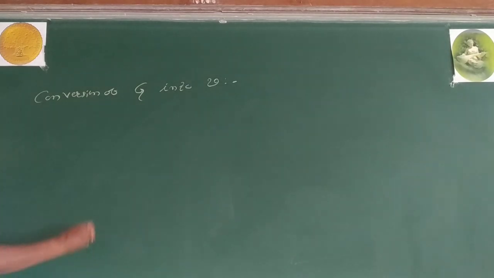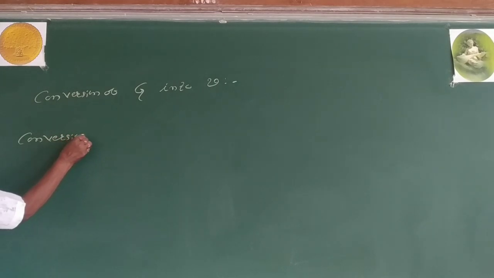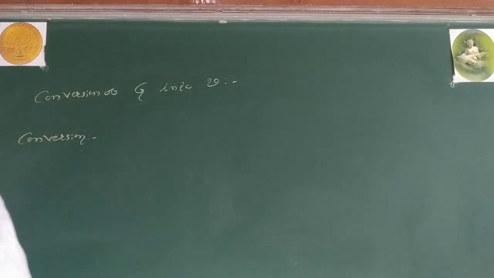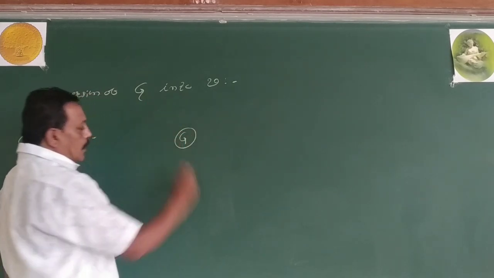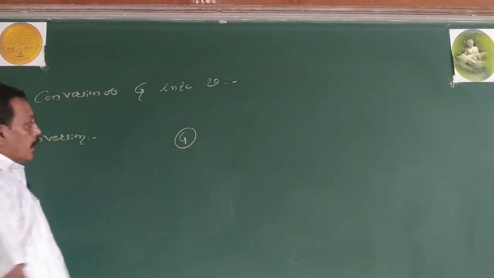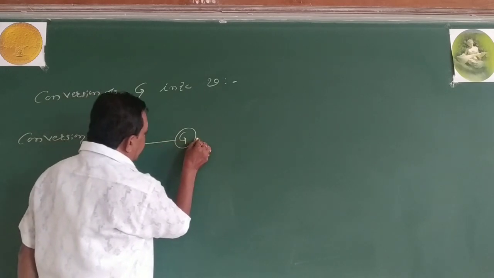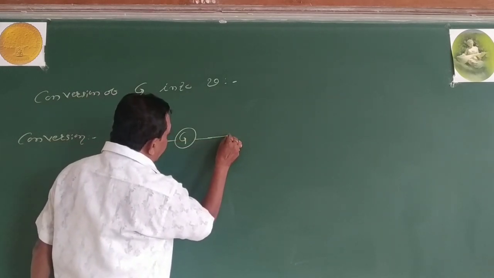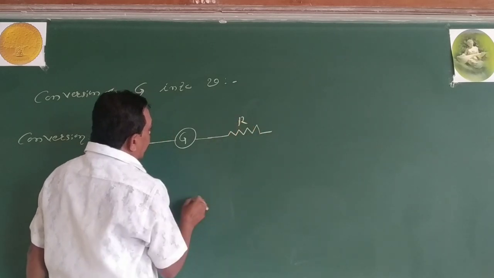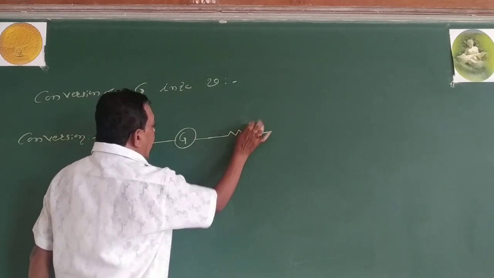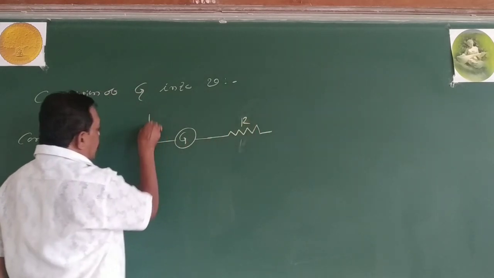How to convert the galvanometer into a voltmeter? I go for conversion. I take the galvanometer of resistance G. G is the resistance of the galvanometer. By connecting a high resistance in series with the galvanometer, then the combination acts as a what?